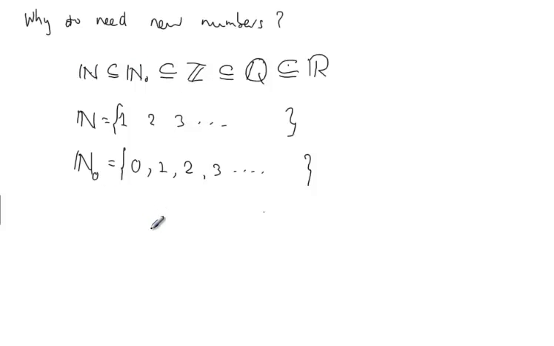Then with integers we've got a 0, a 1, a minus 1, a 2, a minus 2, a 3, a minus 3, then it goes on, and then these are integers. Now if we look, this part here is already there, isn't it? So the previous one is in this one, so this is true, isn't it?